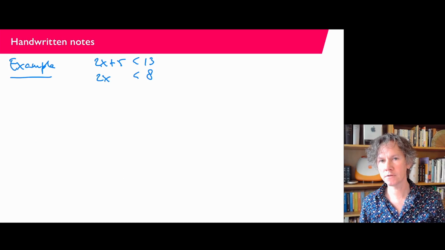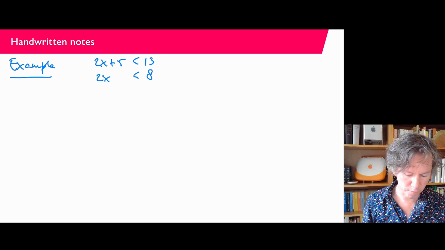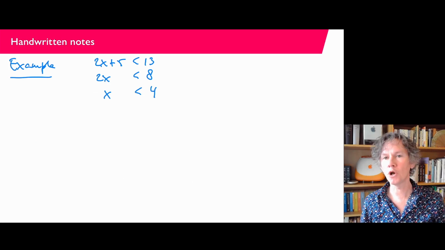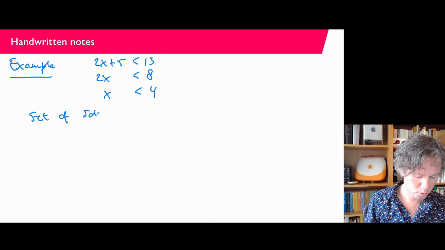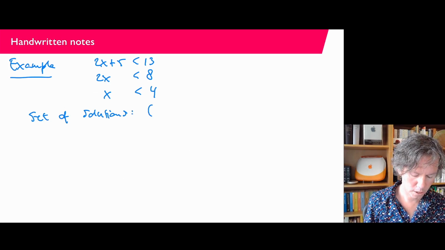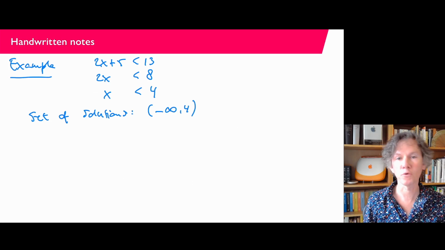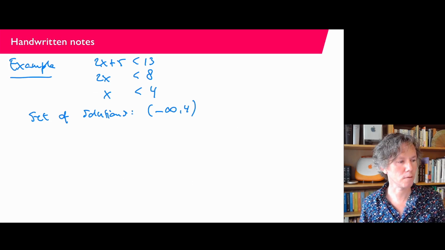And then you divide the equation by 2 and you find x is less than 4. And now we know all the solutions. So the set of solutions is minus infinity up to 4, and 4 is not included, so we get a round bracket there.